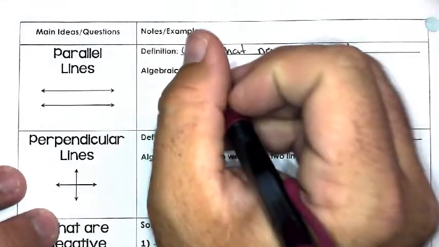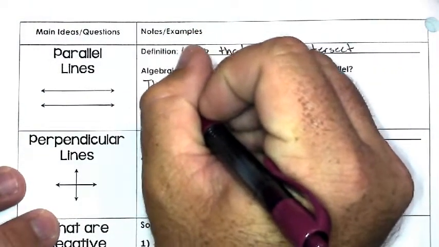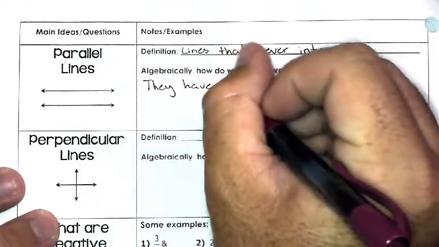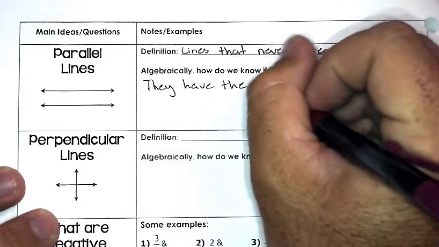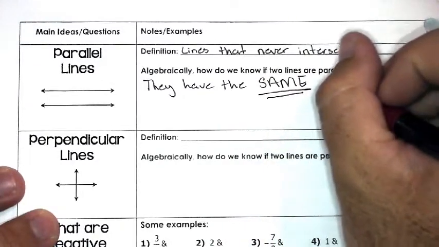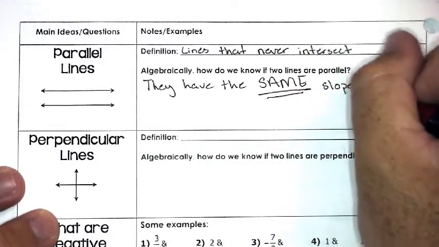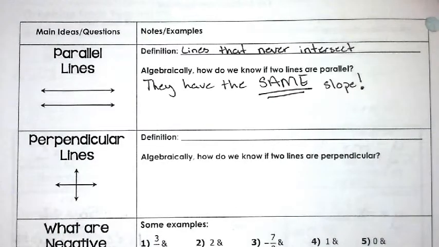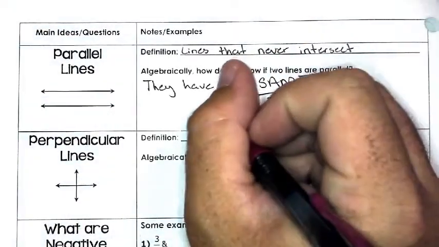The way we know this is if they have, in all caps and underlined twice and an exclamation point, the same slope. That's how you know when equations are parallel. Not just with a graph, but if you have equations.